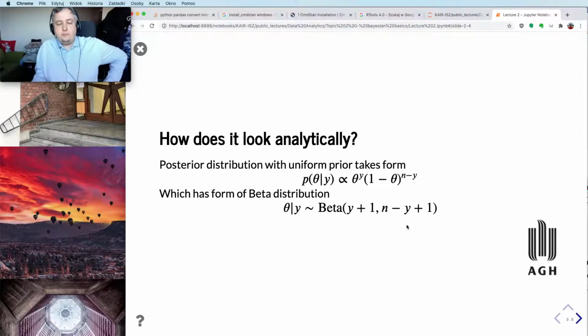So this function here is the beta distribution with coefficients y plus 1 and n minus y plus 1. So this situation is relatively simple, but needs a certain different look.